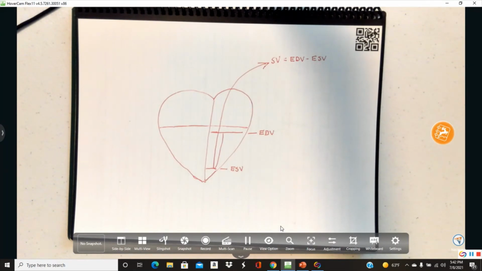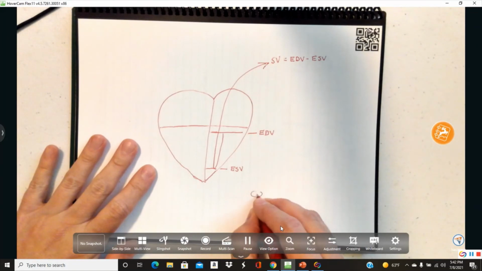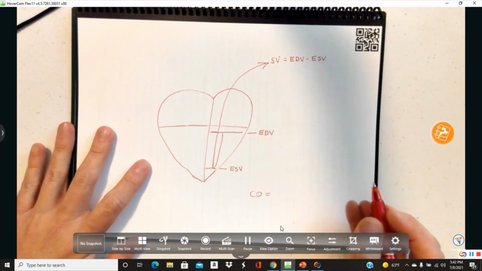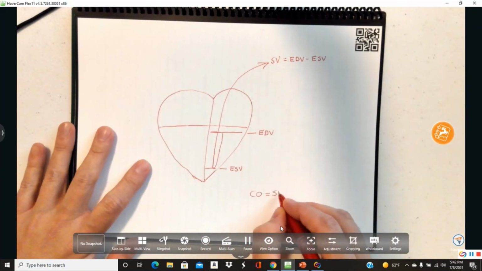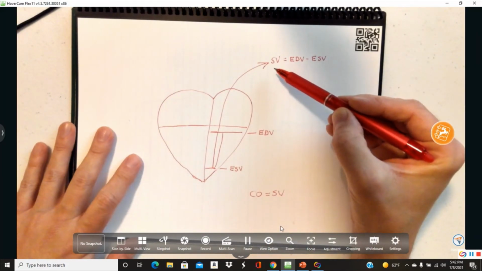Now, over a period of time, it's kind of like finding out how many miles per gallon you got, okay? So if I have a cardiac output, this is going to tell me, if I have my stroke volume, this is how much blood I pump with one heartbeat.